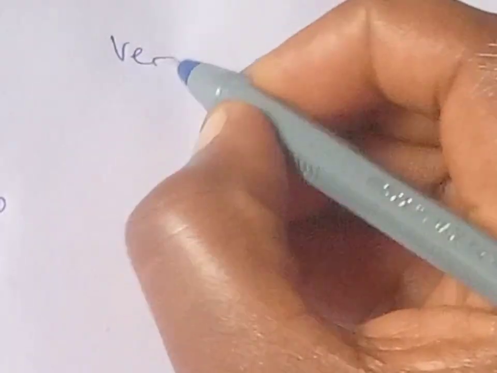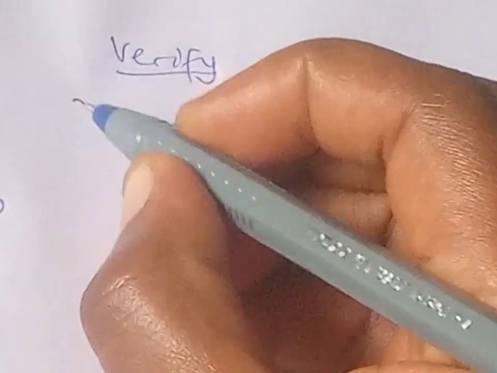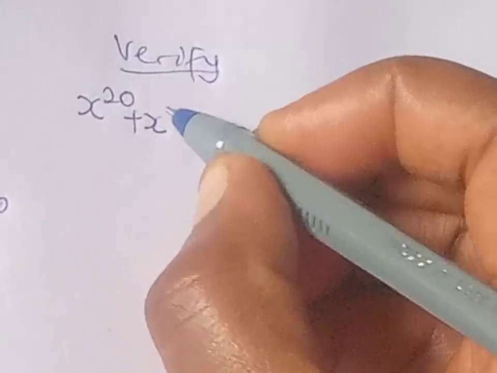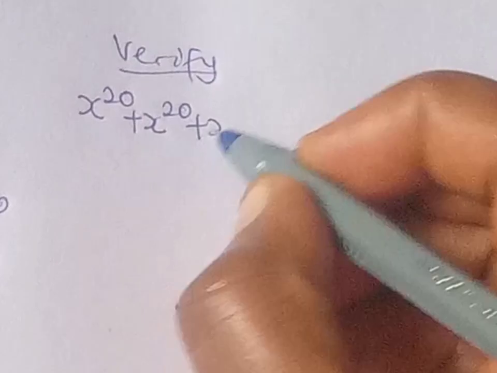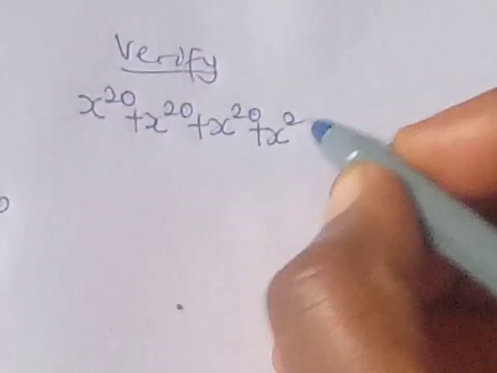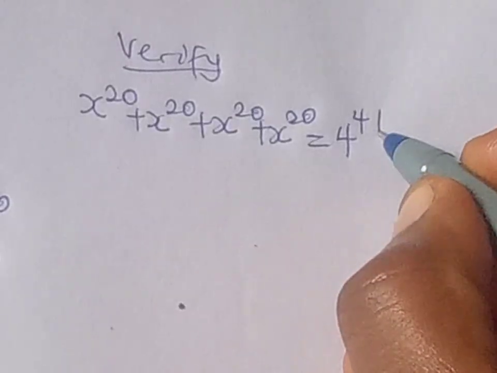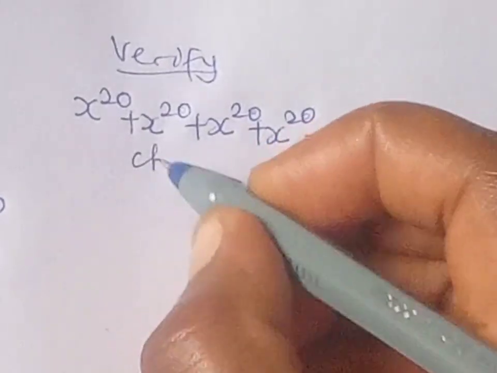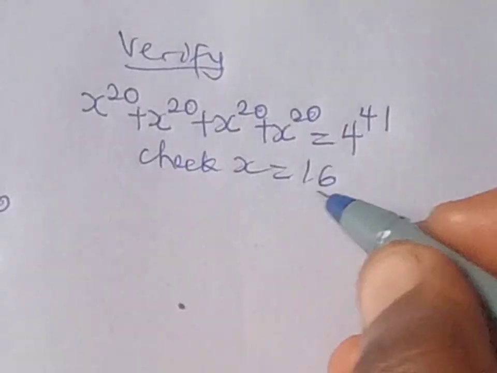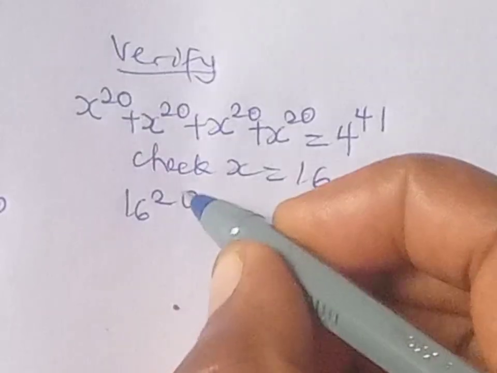Let's verify our solutions. Our equation again says x raised to the power of 20 plus x raised to the power of 20 plus x raised to the power of 20 plus x raised to the power of 20 equals 4 raised to the power of 41. Now let's check if x equals 16, since each term becomes 16 raised to the power of 20.